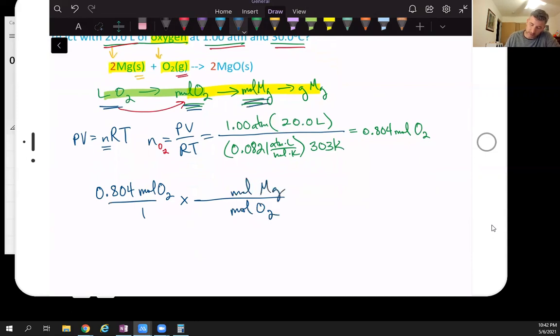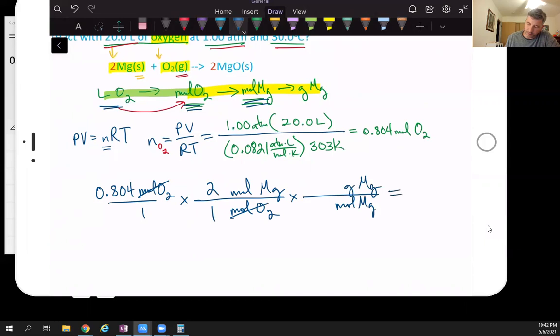Why? Because that's our plan. And of course, that's going to allow us then to go to grams of magnesium, right? The moles of magnesium from the balanced equation, looks like we've got a 2. Oxygen is a 1. Moles of oxygen goes away. And now I've got moles of magnesium to grams of magnesium.